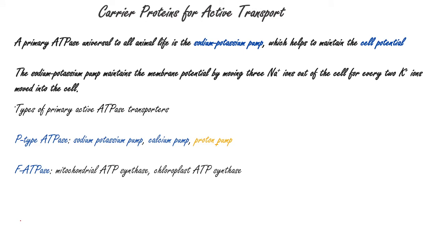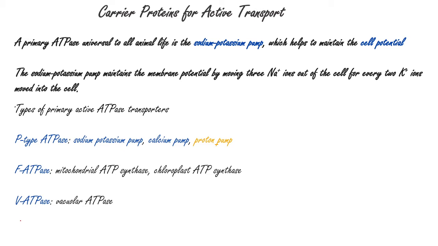Then we have F-type ATPase present in mitochondria, which takes part in ATP synthesis, and F-type ATPases are also present in the chloroplast, where they also take part in ATP synthesis by the photophosphorylation process.